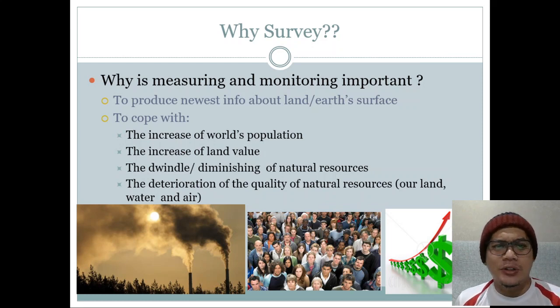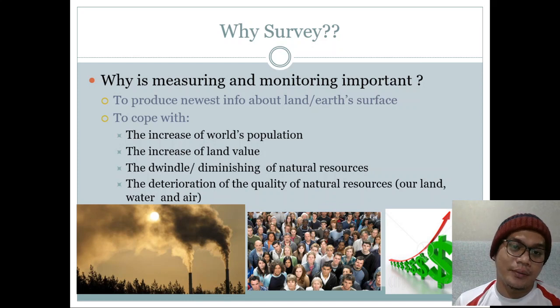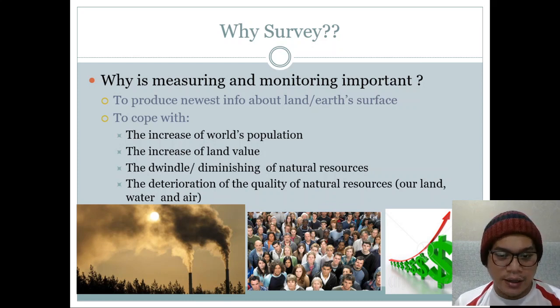So why do we do the survey, and why is measuring and monitoring important? It is to produce the newest information about the land or the earth's surface. Bear in mind that we do have land use data and land use maps, but unfortunately it is quite difficult to have the latest data because of the difficulties in producing it.